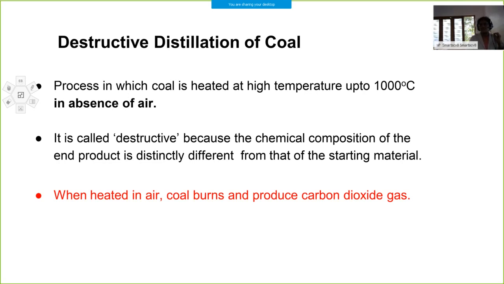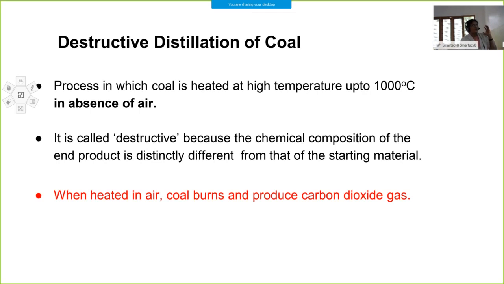So what exactly is destructive distillation? It is the process in which coal is heated at high temperature, up to 1000 degrees Celsius, in the absence of air. That is called destructive distillation of coal. Out of contact of air, or in the absence of air, is very important here.